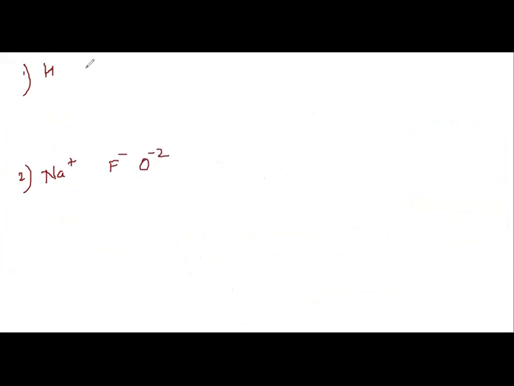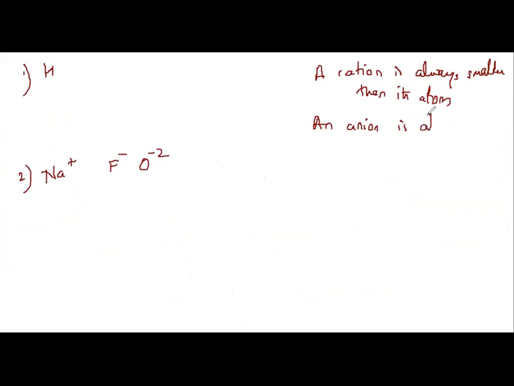Okay, hydrogen. We know that a cation is always smaller than its atom, and we also know that an anion is always larger than its atom. Correct? This is the first case. In the second case, they are isoelectronic ions, as we discussed just now.